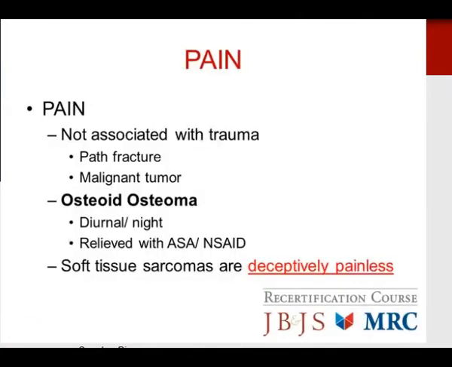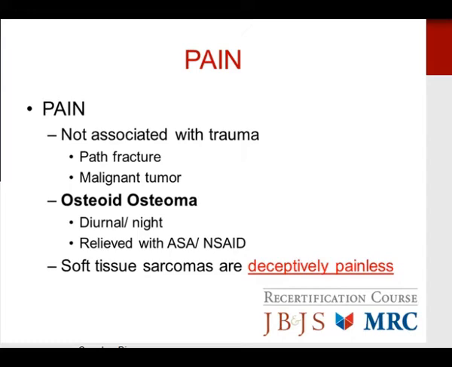Pain can be very specific to orthopedic oncology patients. Pain that is not associated with trauma. So a patient who is stepping off of a curb, getting out of bed, very minimal trauma or very minimal velocity, when a patient has significant pain, it becomes very important. Osteoid osteoma has a very specific pain pattern. It's easy to test because it is so specific.